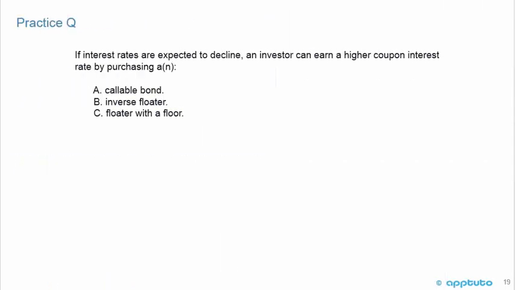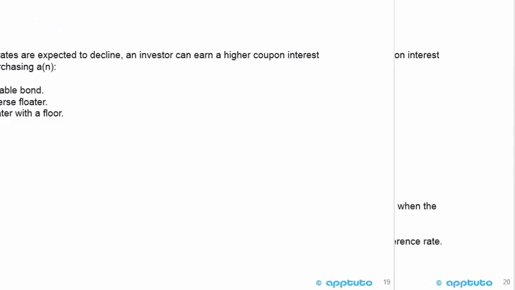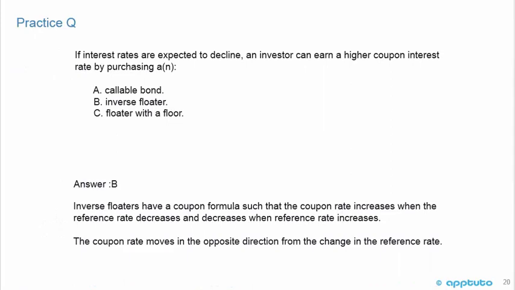So we're just going to finish this LOS with two practice questions. The first one: if interest rates are expected to decline, an investor can earn a higher coupon interest rate by purchasing A, a callable bond, B, an inverse floater, or C, a floater with a floor. Okay, that question shouldn't be too bad.